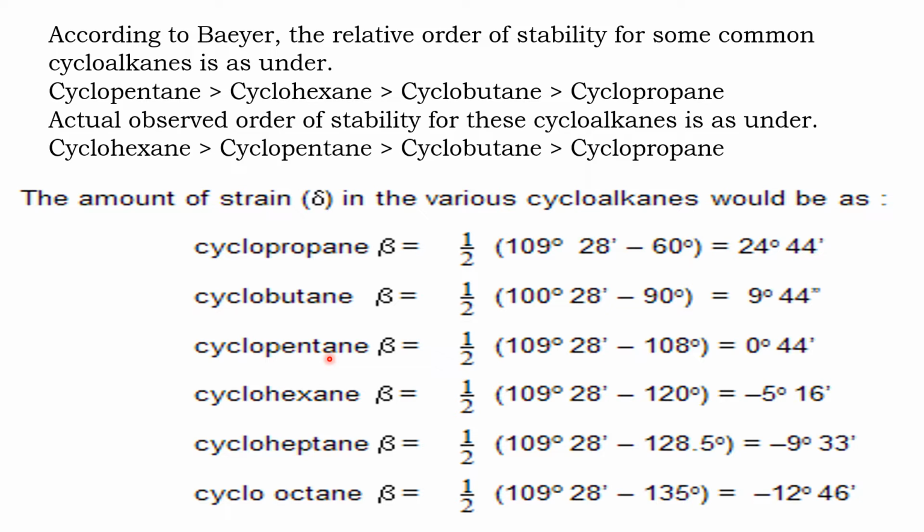But it is observed that cyclopentane is less stable than cyclohexane. Or we could say the most stable cycloalkane is cyclohexane. So remember the order: cyclohexane is more stable, then cyclopentane, then cyclobutane, and the least stable is cyclopropane.